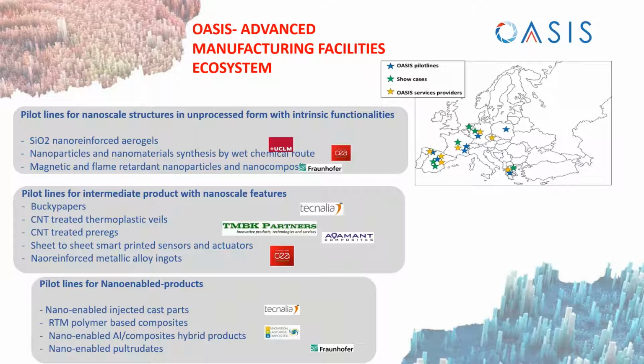And the third pillar of pilot lines being developed under the OASIS framework are those related to nano-enabled products: nano-enabled injected cast parts, RTM polymer-based composites, nano-enabled aluminium composite hybrid products, and nano-enabled butyrate. These 12 pilot lines are inside the umbrella of the OASIS project.